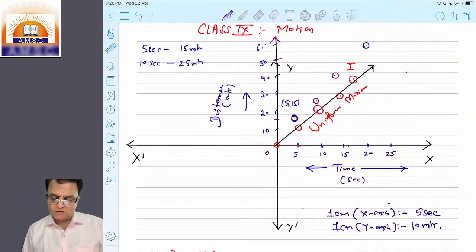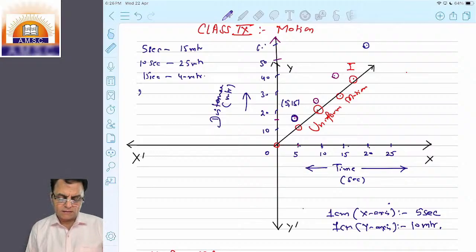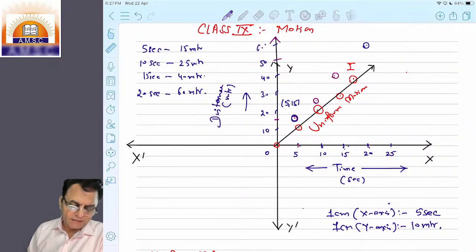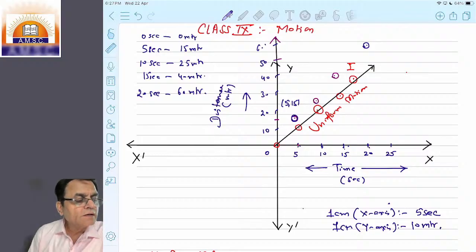Then in the next 5 seconds, in 15 seconds, the total distance was 40 meters. And in the last 5 seconds, in a total of 20 seconds, the total distance covered was 60 meters. Right? So when the time was 0 seconds, the distance covered was 0.